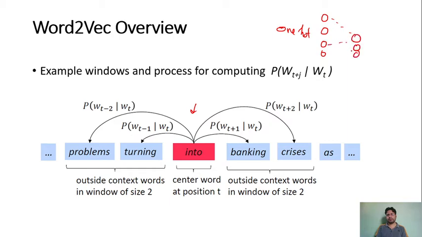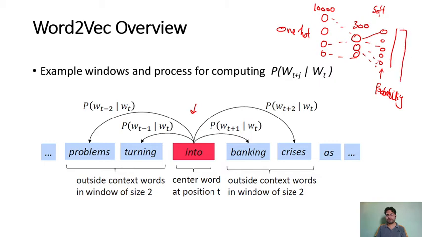Then here we have smaller dimensions. Suppose you have 10,000 words, so the dimension of this will be 10,000, and you are looking for 300 properties, so 300 with this. Based on this 300, you will again make a one hot vector, so here you will get the probability. If you remember, if you are using softmax you get a probability distribution, and from this distribution you can create a one hot vector.